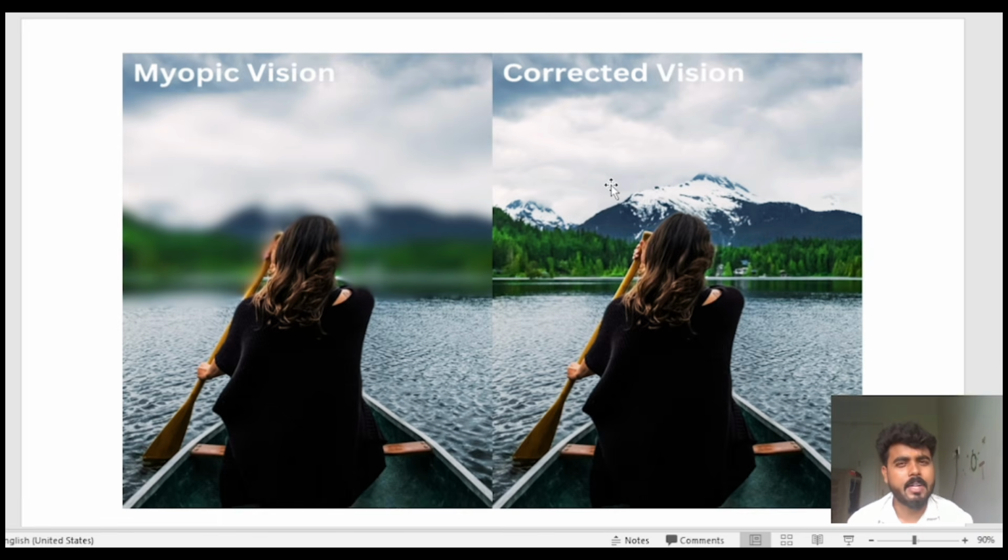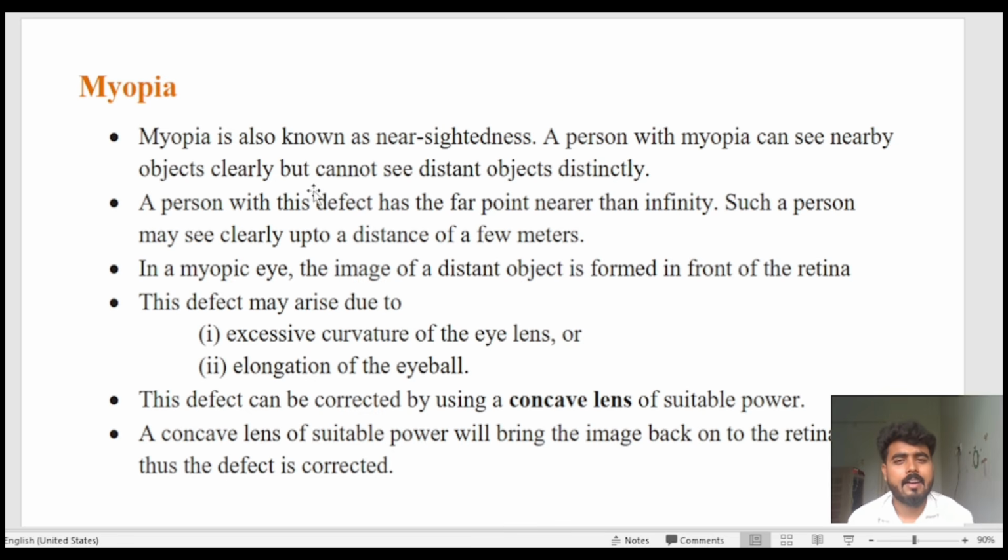What is the meaning of myopia? Myopia is also known as nearsightedness. I can see the nearby objects clearly, but I can't see the far objects. What is the reason for myopia?